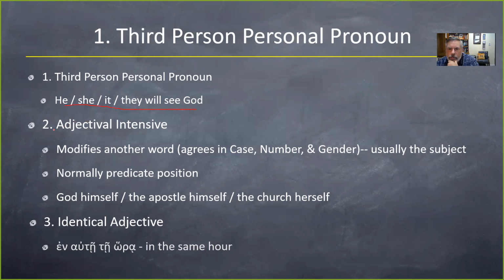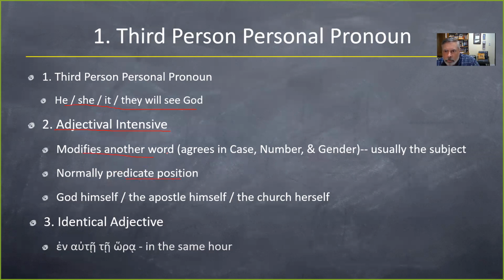It also can function as an adjectival intensive, and all that really means is that normally in the nominative case, it's going to be associated with the subject. It means it's modifying another word, and typically it's going to be in the predicate position, just like we saw with the adjective in the predicate position.